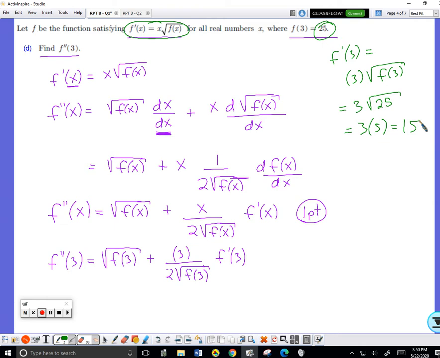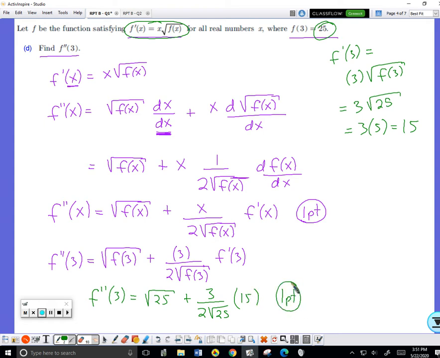So that means back over here, f double prime of 3 is going to equal square root of 25 plus 3 all over 2 times the square root of 25. If we get parentheses here, f prime of 3 is 15. I would stop there. They'll give you the other point.